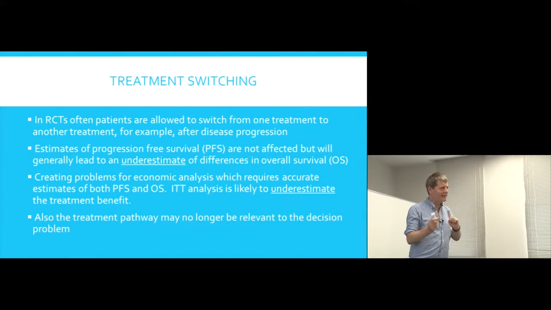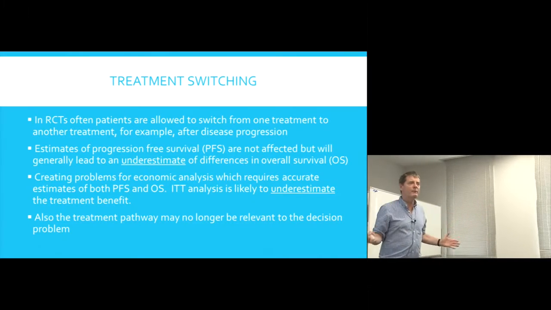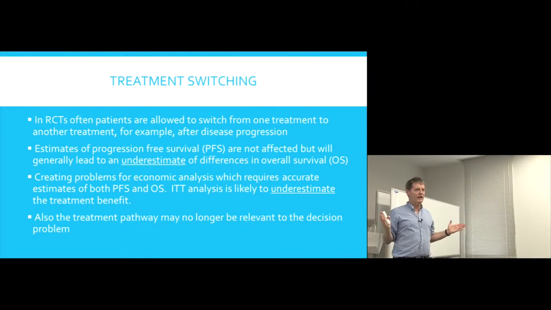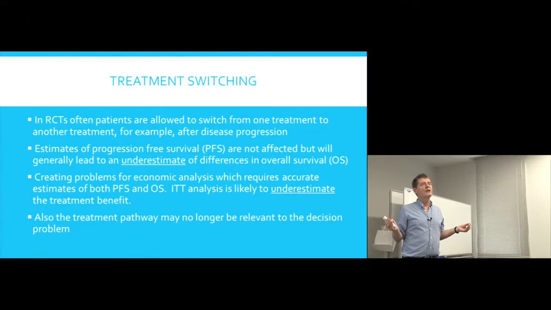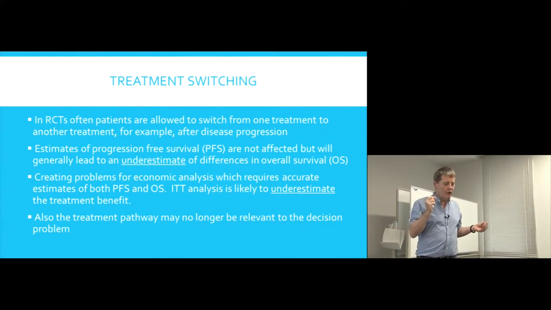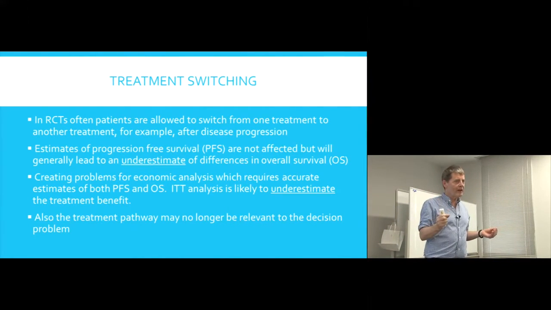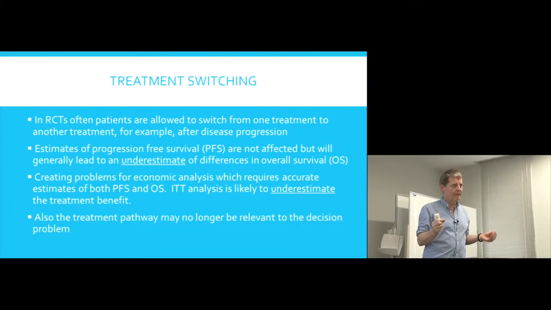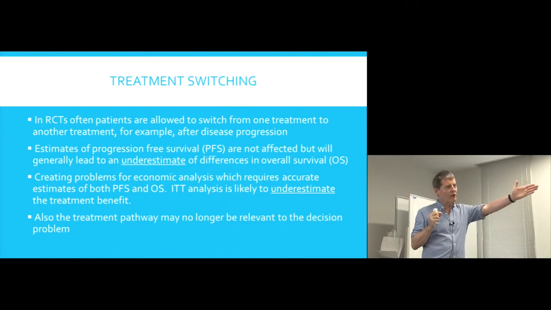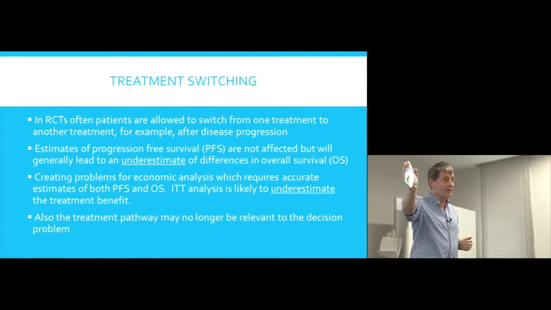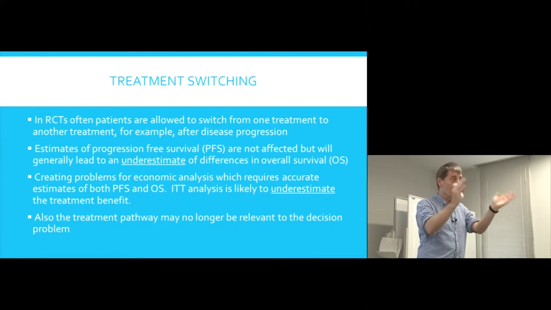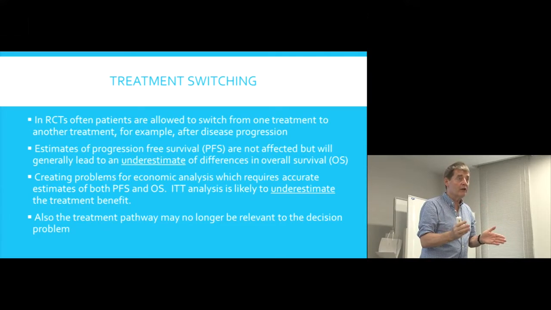Do you get the idea of why we have trials? Randomized controlled trials. We have randomized controlled trials in order to get as good an estimate of the treatment effect as we can. And if one half get one treatment and the other half get another treatment, any difference we observe between the two patient groups, we're fairly sure is because of the difference in treatment.